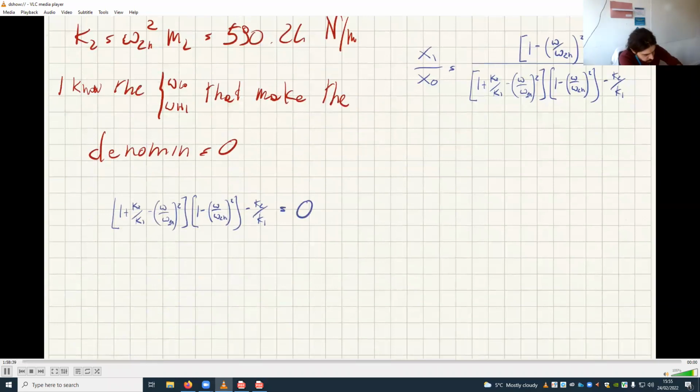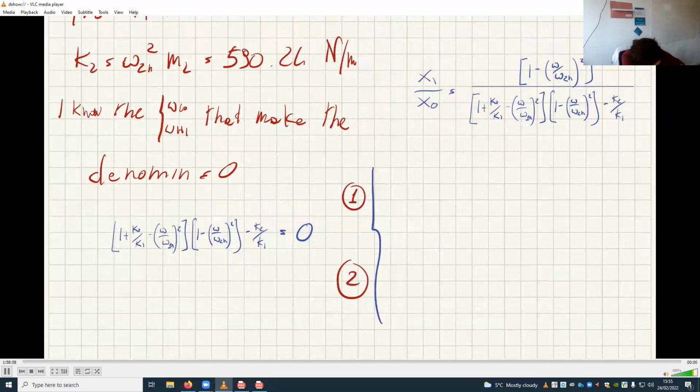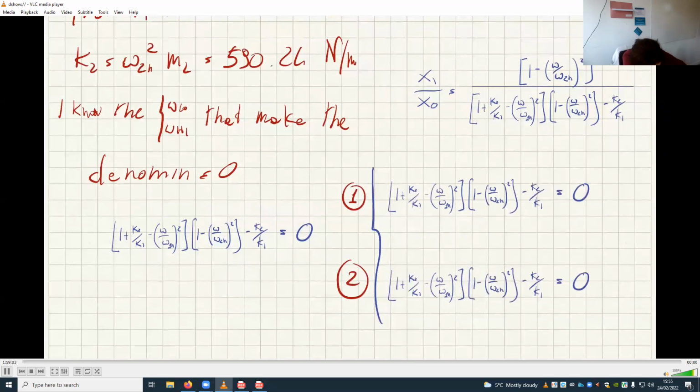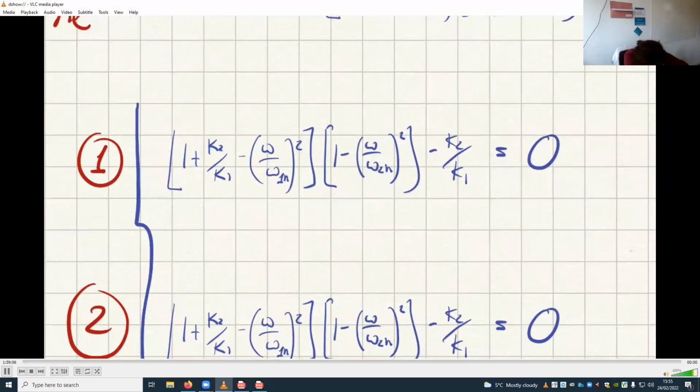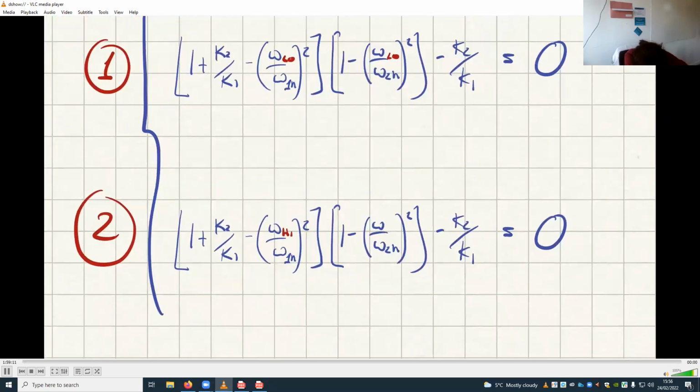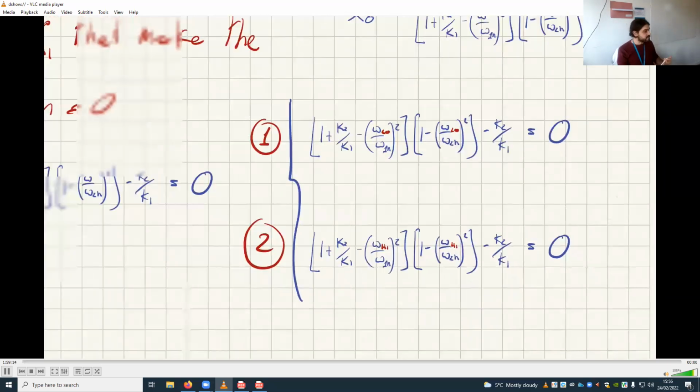And so I can turn this into two equations: one if I substitute omega low instead of omega, and the other if I substitute omega high. So using omega low, this is equation 1, and this is equation 2. Using omega low, I get this thing. Using omega high, I get this thing. You agree? These are two different equations because we have different values.